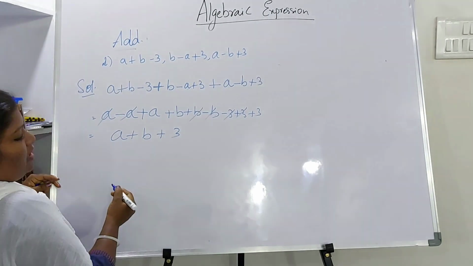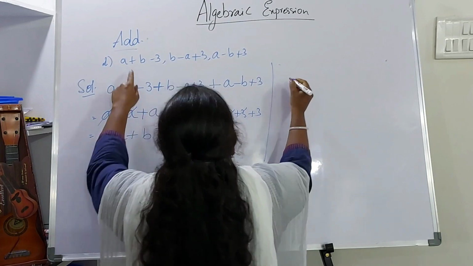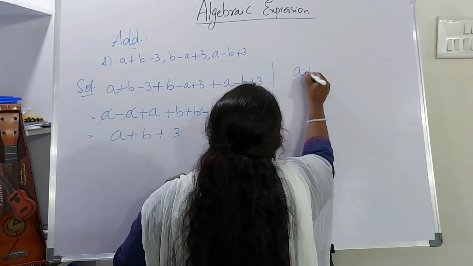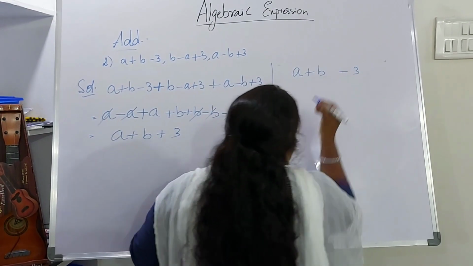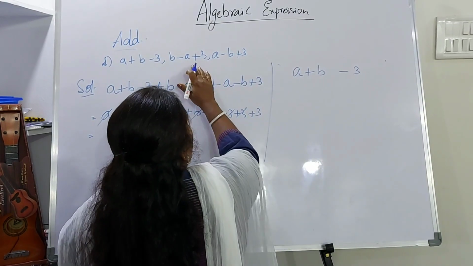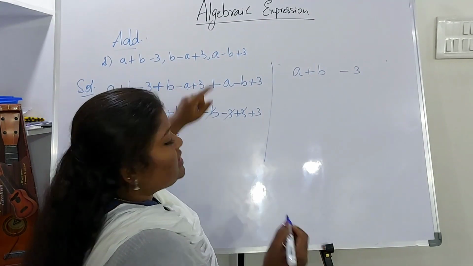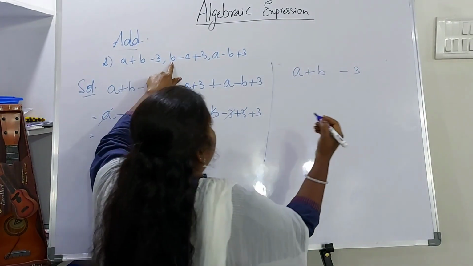The same thing can be written using the vertical method. Now what you have to do is a plus b minus 3. But when you are writing this way, you have to write the same variable in the same place. You have to see the variable and write. Here it is plus b.